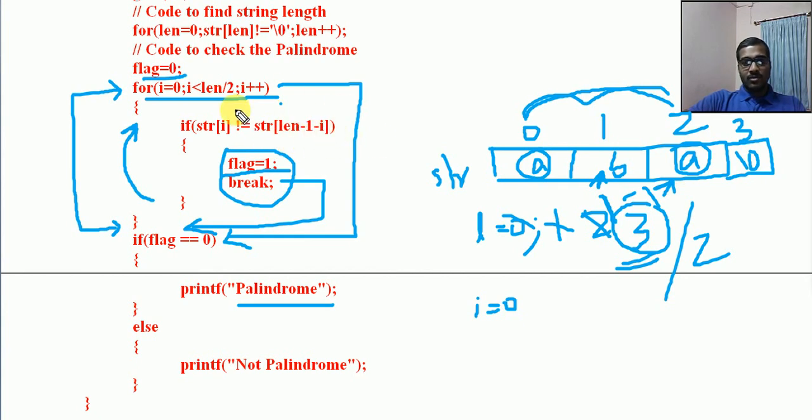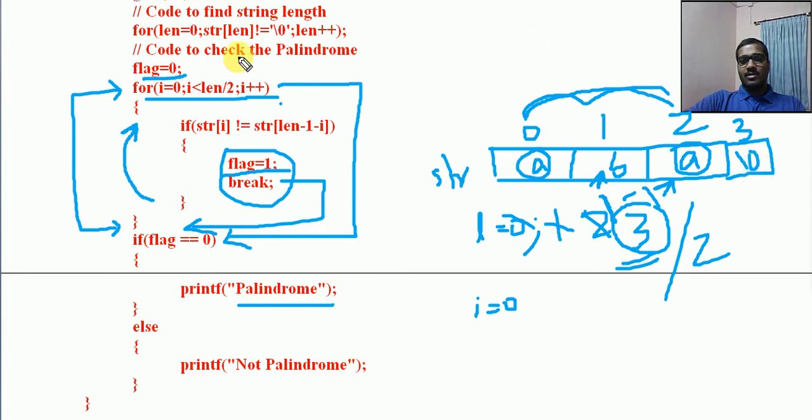So one more will be reduced. Len minus 1, 3 minus 1, is 2; 2 minus 0 was the first one. Now 2 minus I, that is 2 minus 1, 1. Those two elements will be compared.